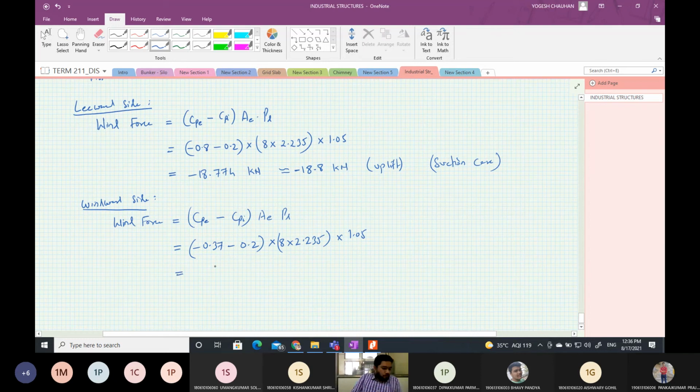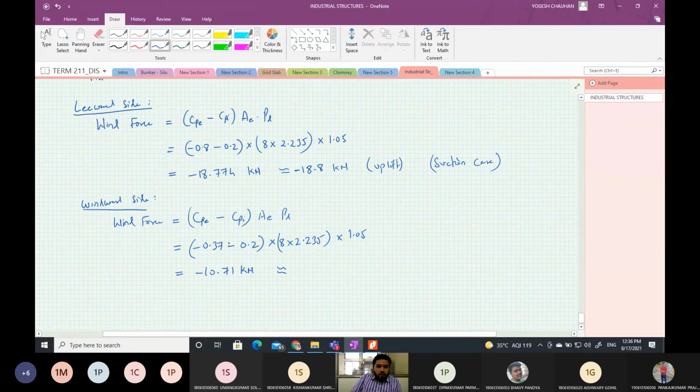So this will be minus 10.71 kilonewton. Here note that even if we take the positive value of CPI, this will still be negative.